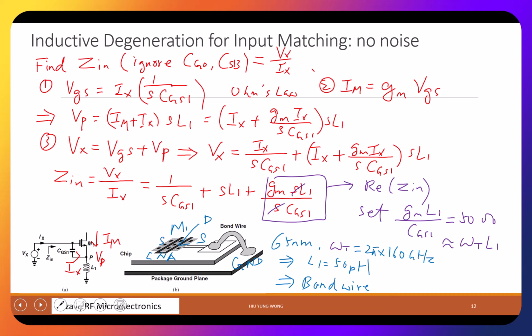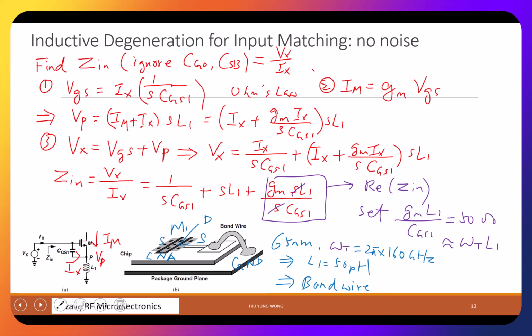Up to this level, the main point is I hope that you gain better skill in solving circuits in this way, right? It's really a jump for those who did not take E124, but even by inspection. The second thing is to recognize this. We use inductive degeneration, and now we rely on the inductor to match the input impedance.